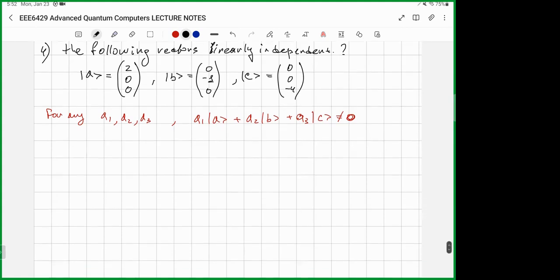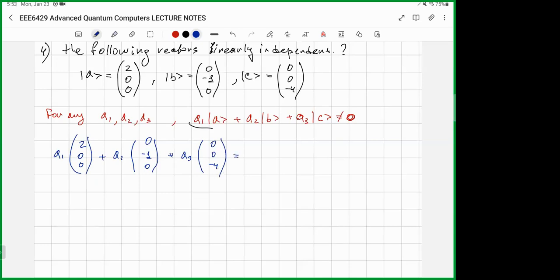So let's go and find this for our vectors. So we write a1 and then vector a, which is 2 0 0, then plus a2 vector b, which is 0 minus 1 0, and then plus constant a3 times 0 0 minus 4.